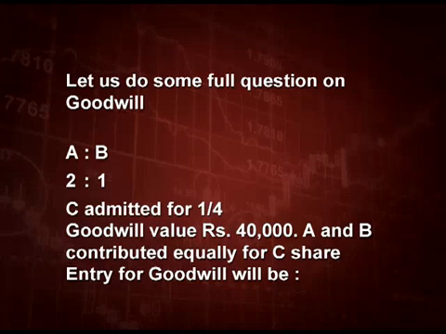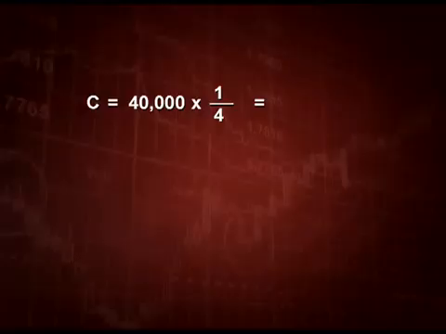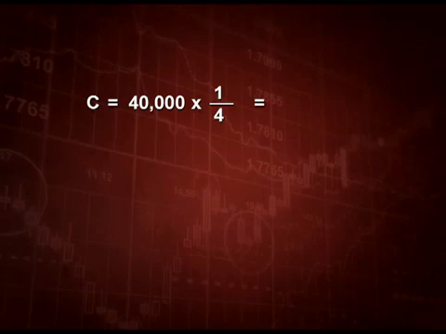So, the entry for goodwill will be, if C share is 10,000 and A and B are contributing equally for C share, I hope they will get also equally, right. Now, let us calculate C share of goodwill. C is equal to 40,000 into 1/4, that is 10,000.